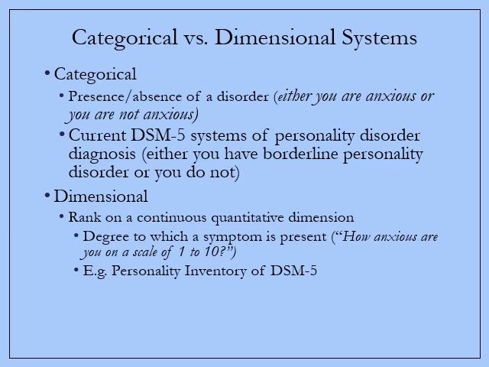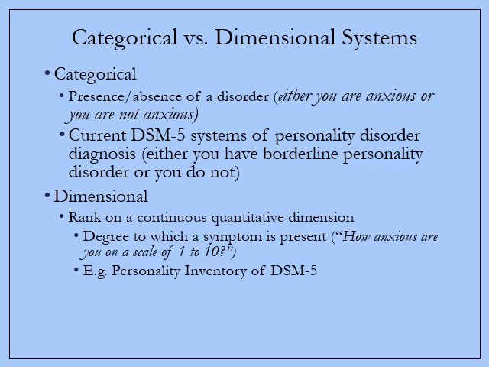In contrast, dimensional systems rank disordered behavior or mental illness on a continuous quantitative dimension. So on the degree to which a symptom or cluster of symptoms is present. So somebody can be anxious on a scale of 1 to 10, with 1 being not very anxious at all and 10 being extremely anxious.